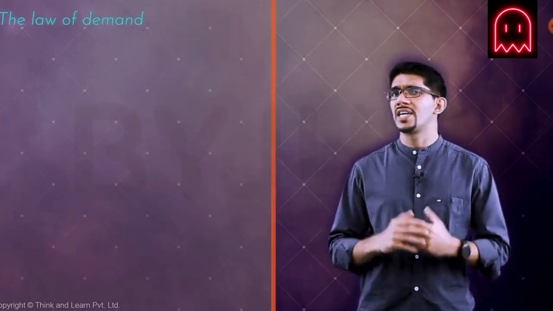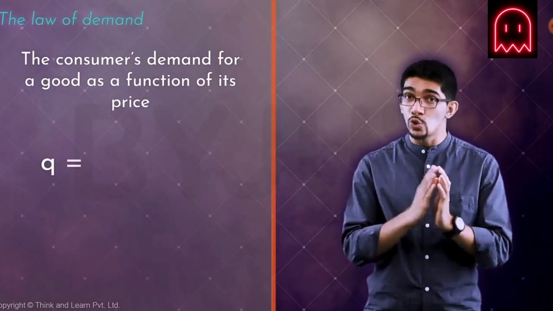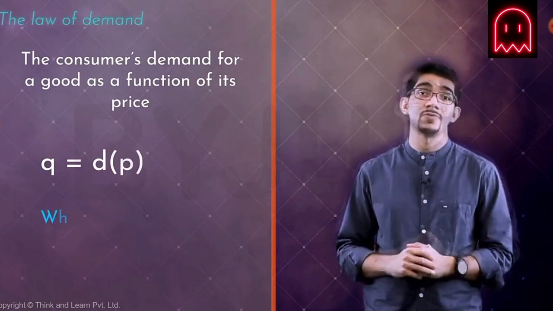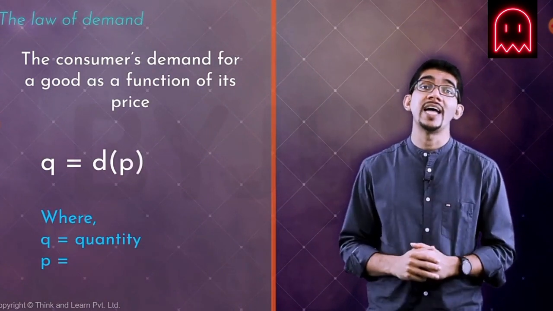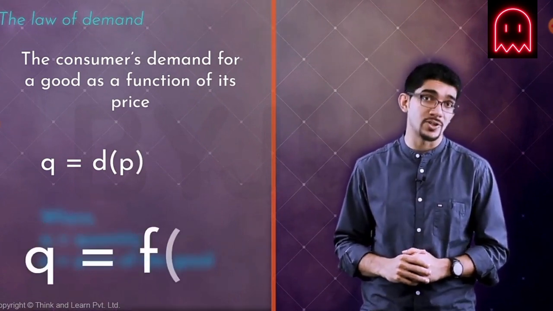Thus, the consumer's demand function for a good gives the amount of the good that the consumer chooses at different levels of its price when other things remain unchanged, ceteris paribus. The consumer's demand for a good as a function of its price can be written as Q equals D(P), where Q denotes the quantity and P denotes the price of the good, which means Q is a function of P, right?